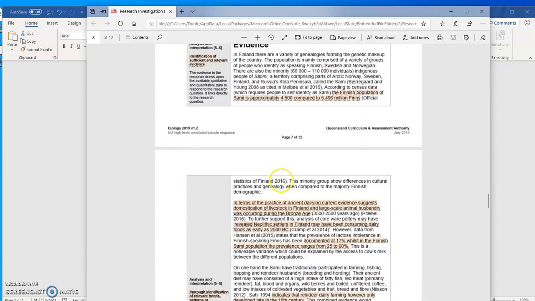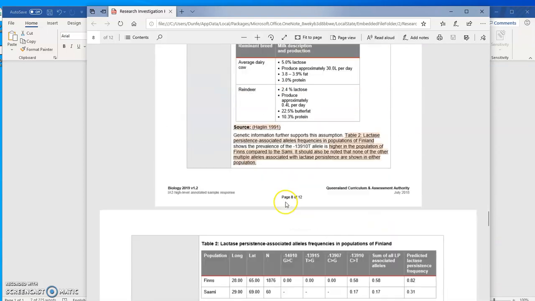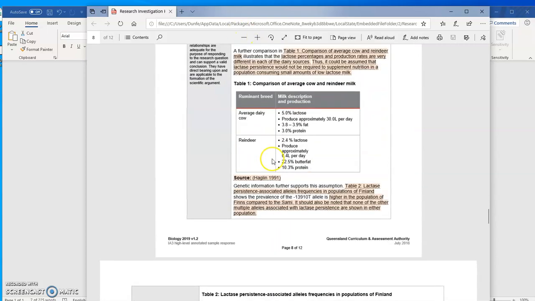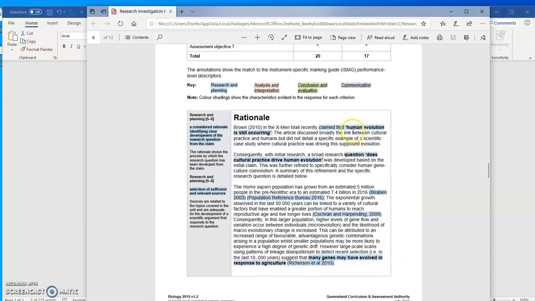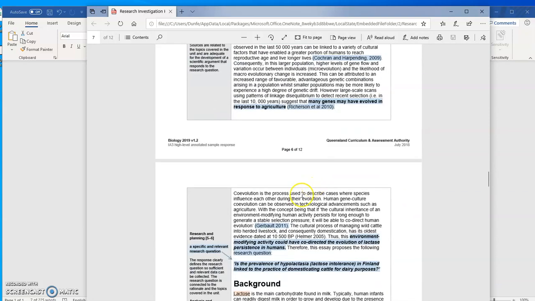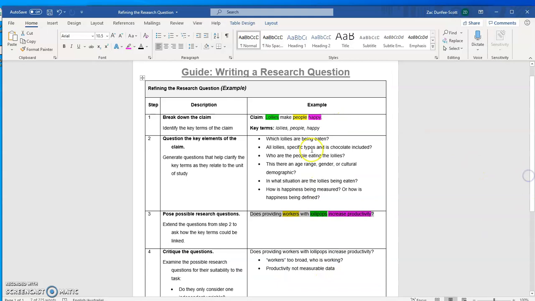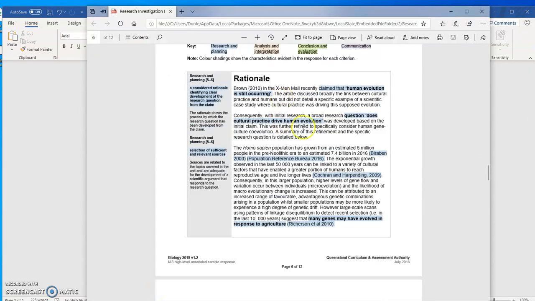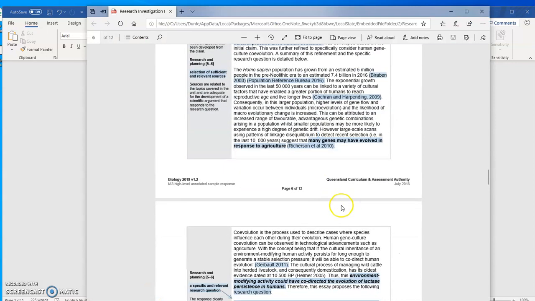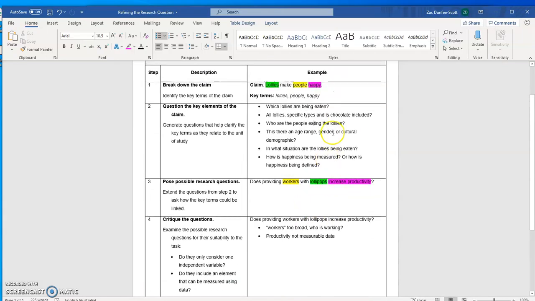Which is their data that they found here, directly answering this research question. They didn't just take their claim, chuck it into Google, and get to here. They followed this process, and you can see here when writing their rationale, it explains this process, which is what you're doing here.